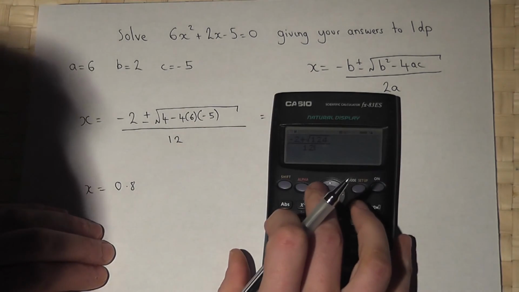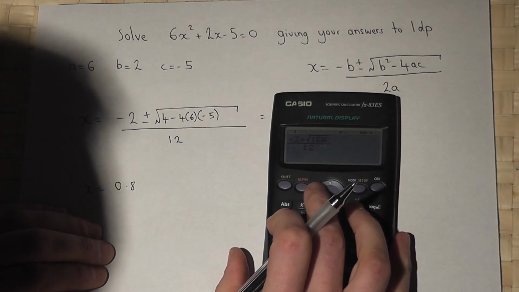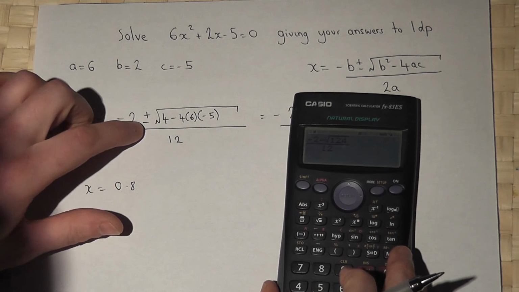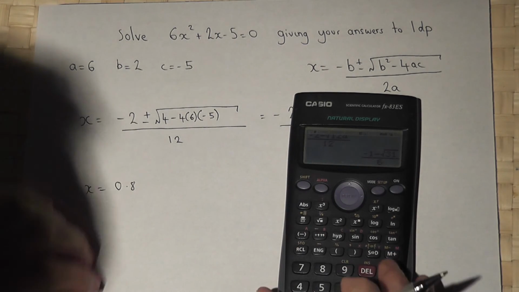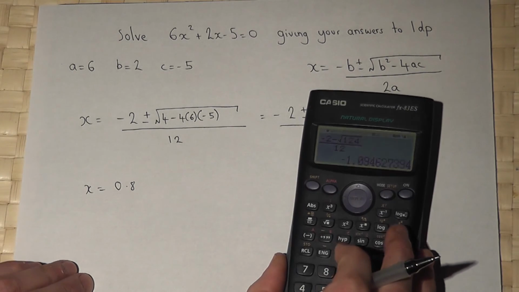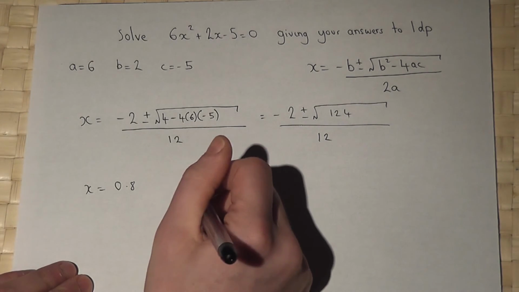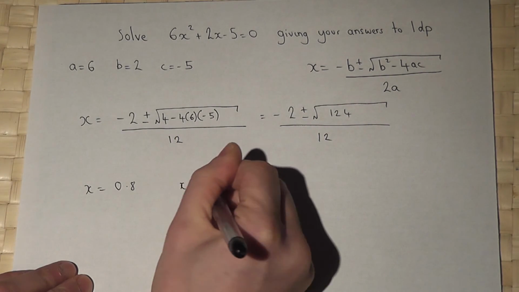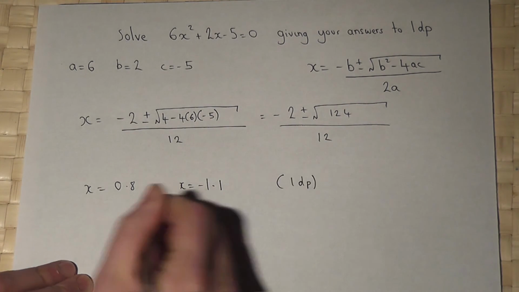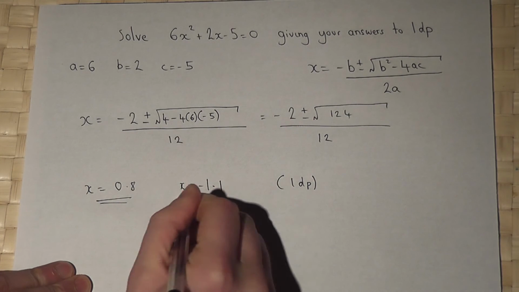For our second solution, we change the plus to a minus, press enter, and this solution is minus 1.1 to 1 dp. So there are our two solutions.